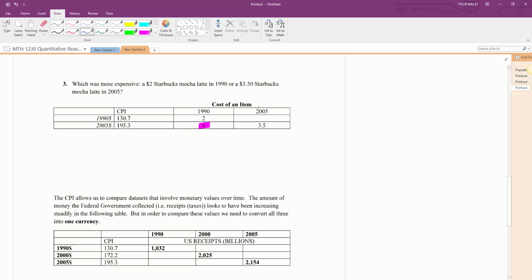We could do the opposite: take the $3.50 from 2005 and convert that into 1990 dollars. But we don't have to do both. We could do one or the other because we're just comparing.